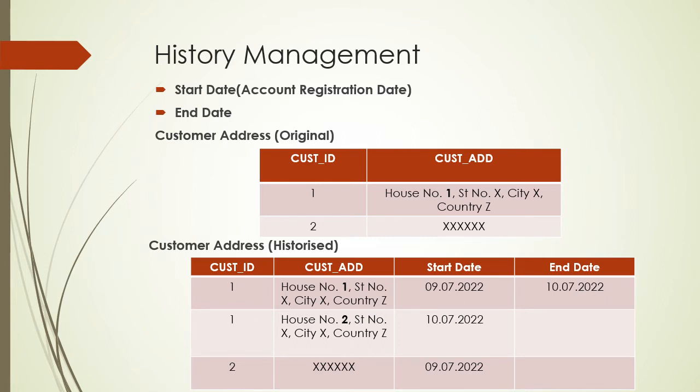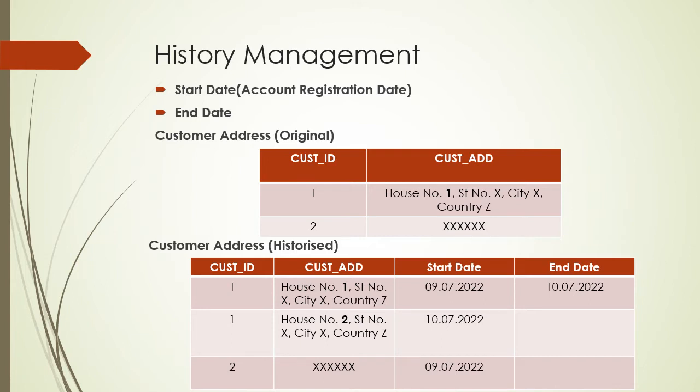So you have number one, the same record, house number one, street number X, city X, and country Z, and then you have a start date. This is where the first instance of this record is.